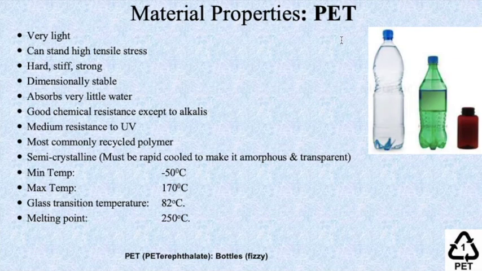The common one, PET, that you use to make drinking bottles. This application is suitable because of these properties, which you do not need to remember by heart, but they show you the suitability of properties based on the products that you want to make. Because PET is known to be very light, it can withstand high tensile stresses, it's hard and rigid and strong, dimensionally stable, it absorbs very little water.